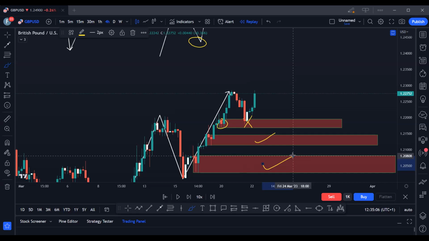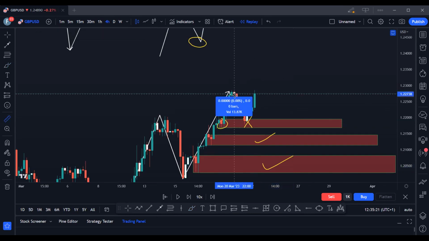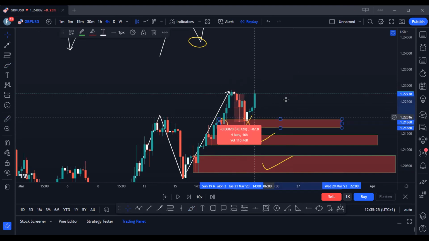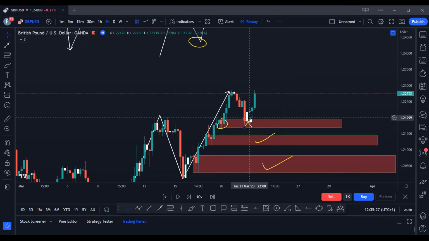Okay, and trading takes a lot of patience. For example, if you are to take this particular trade right now, you would have waited from here to here. How many hours did you wait for? From here to here, you would have waited for 20 hours for price to retrace into the zone.